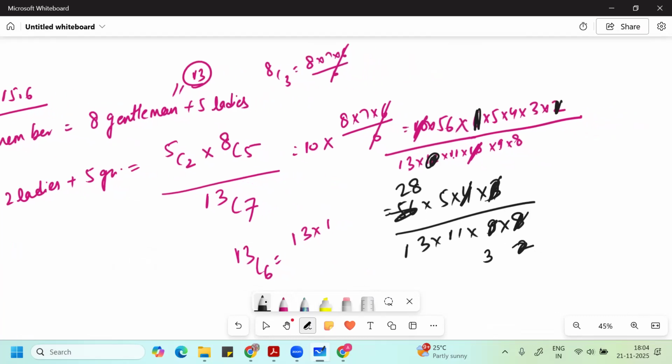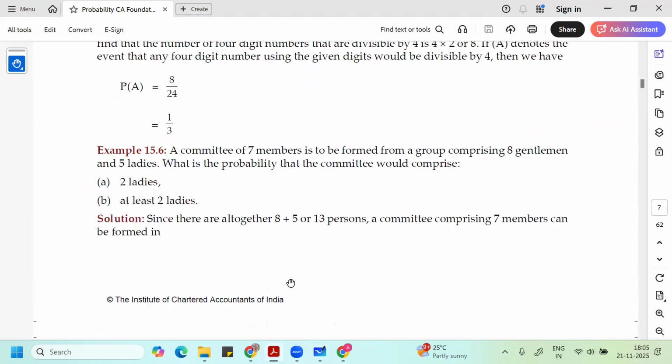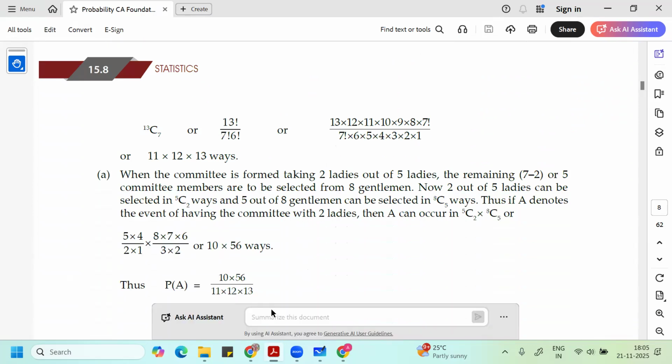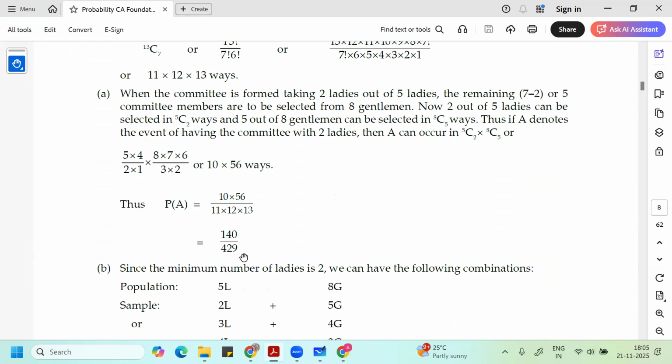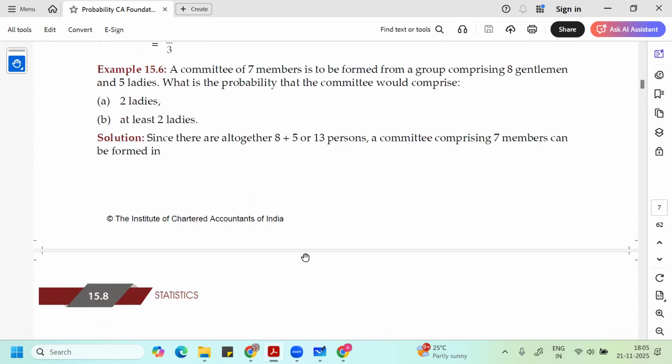So I'm left with 28 into 5 by 13 into 11 into 3. So this is 140 by 143, threes are 9, 12, 429. 140 by 429. Clear?